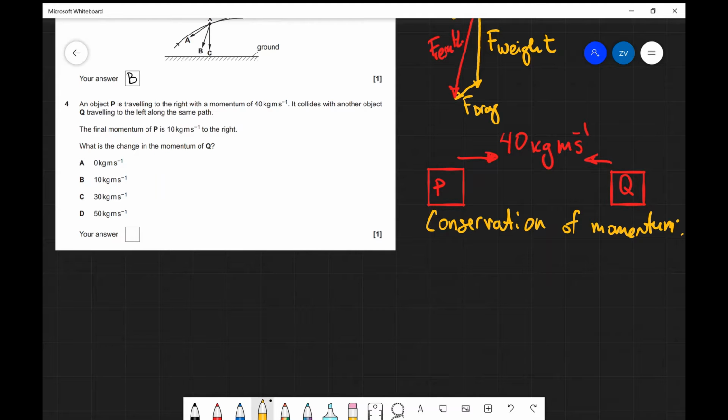The total momentum before is going to have to equal the total momentum afterwards. So let's say that the momentum of P before, I'm going to call that P1, plus the momentum of Q, I'm going to call that Q1, is going to equal the momentum of P after the collision, I'm going to call that P2, and the momentum of Q after the collision, call that Q2.